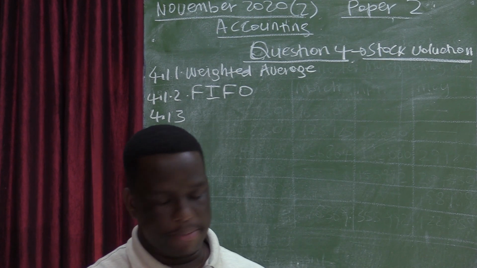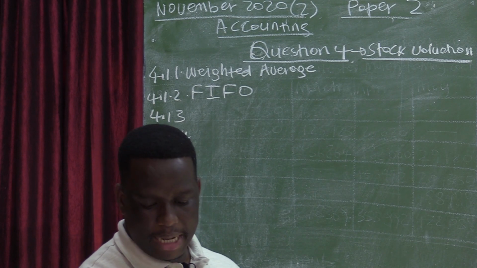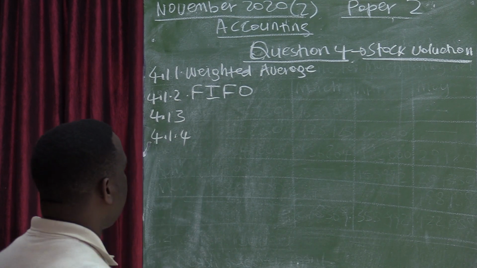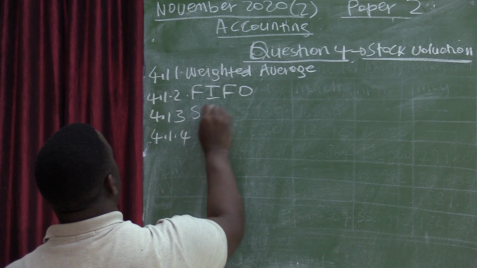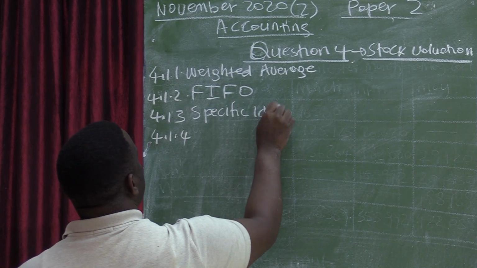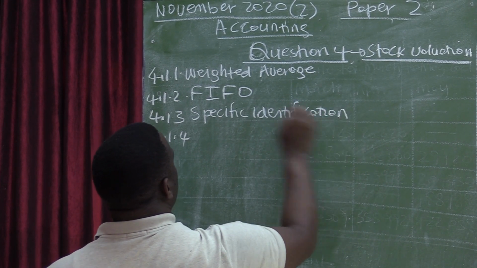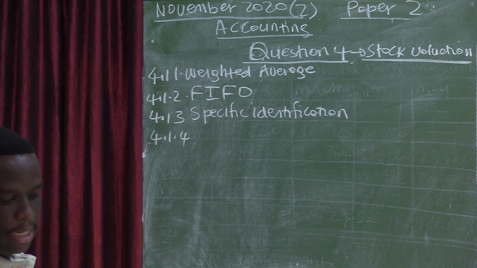We are targeting individual stock items. That is specific identification. So the answer to this one is specific identification.